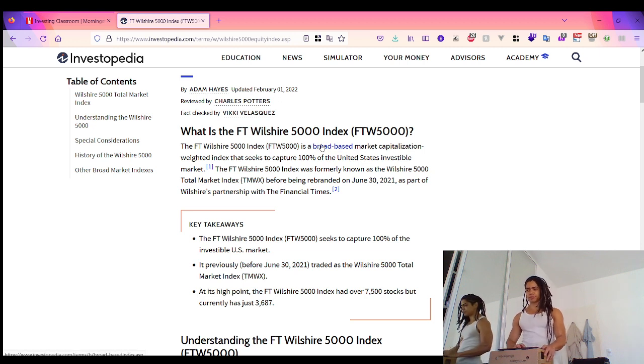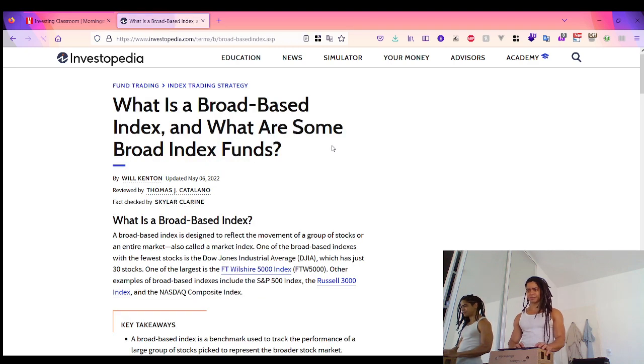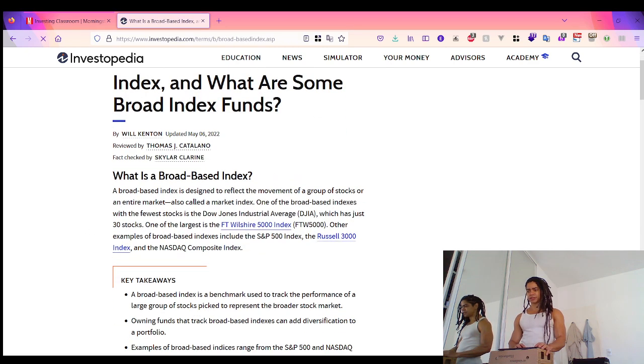What do we mean by broad-based? A broad-based index is designed to reflect the movement of a group of stocks for an entire market. It's also called a market index.